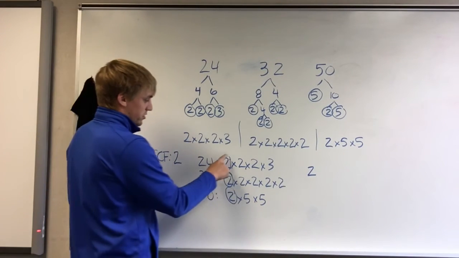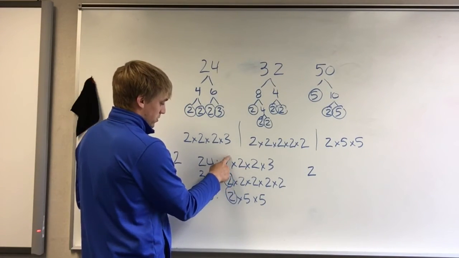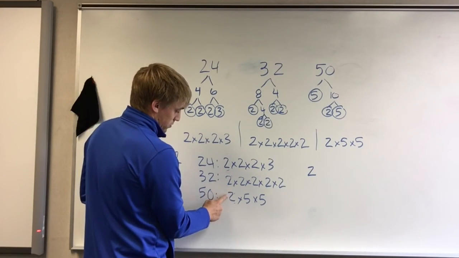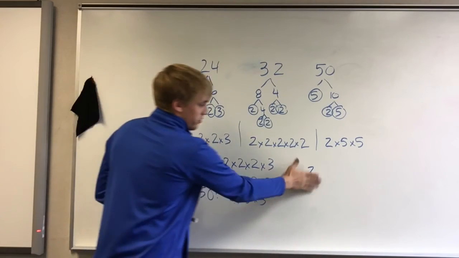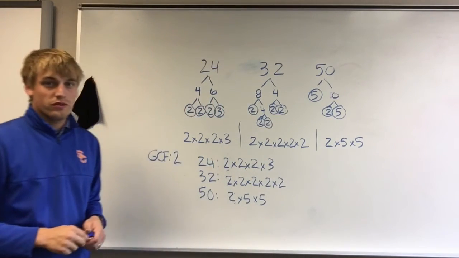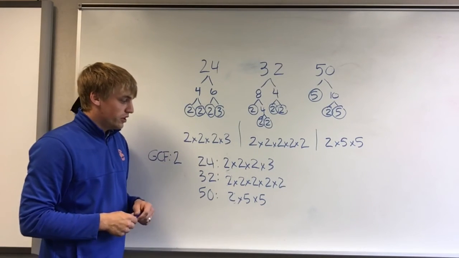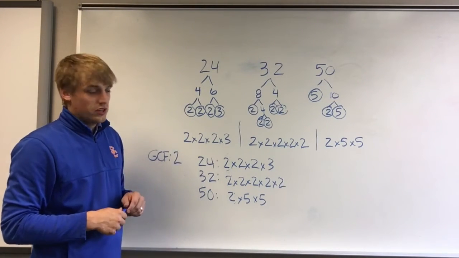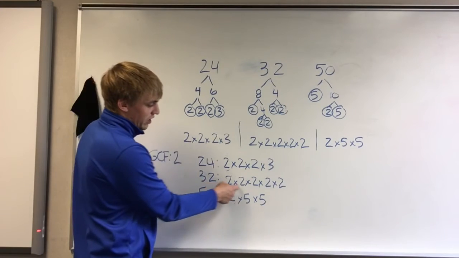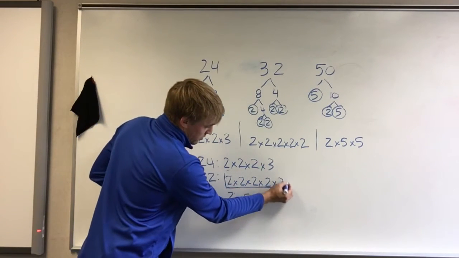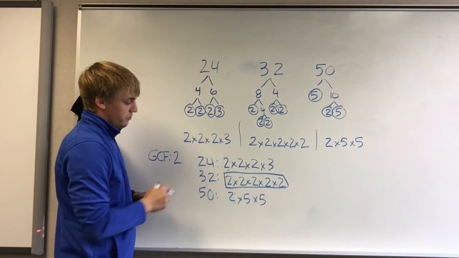Okay, so I'm going to erase these circles now. Okay, now we're going to find the least common multiple. So what you're going to do is start with the 2's and find the one that has the most 2's in it. So 32 has 5 2's. And that's the most amount of 2's of any number.